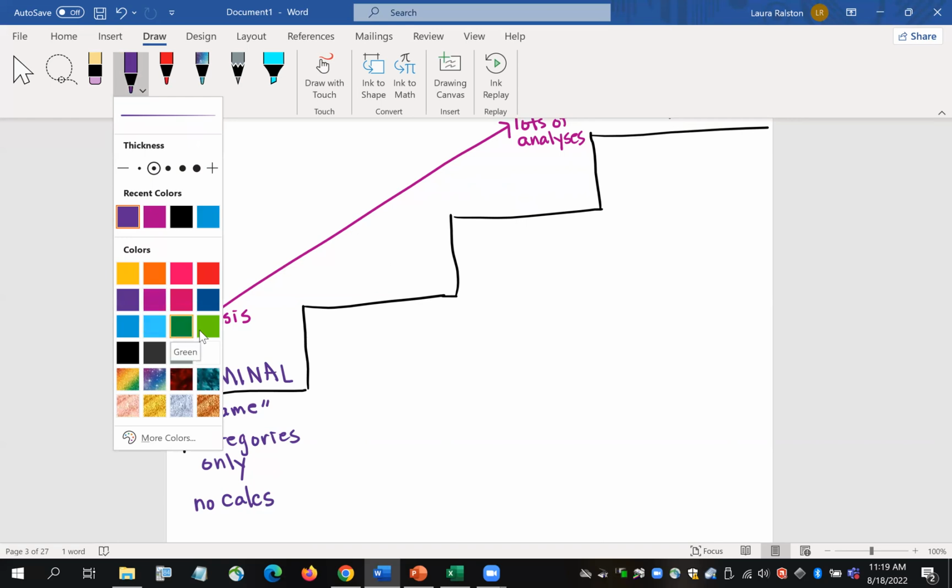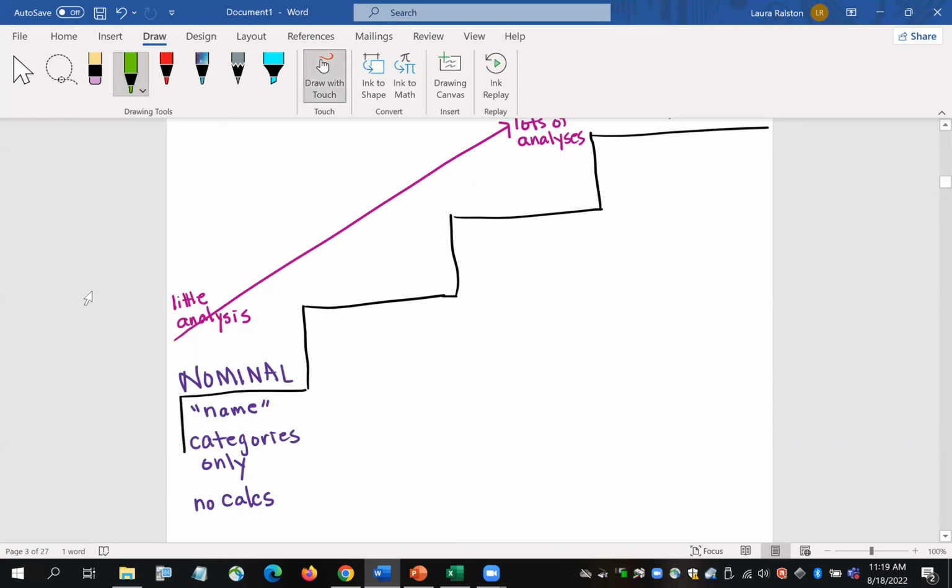So that's nominal. As we move up the steps, the second step is ordinal. Ordinal is the adjective form of the word order. The ordinal level is categories with a sense of order.